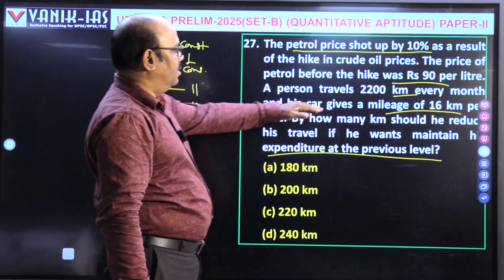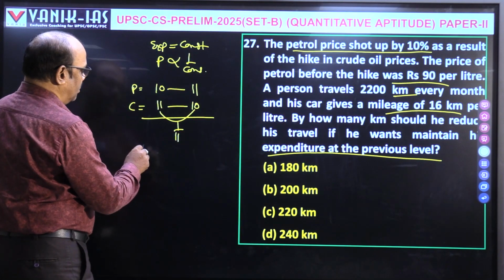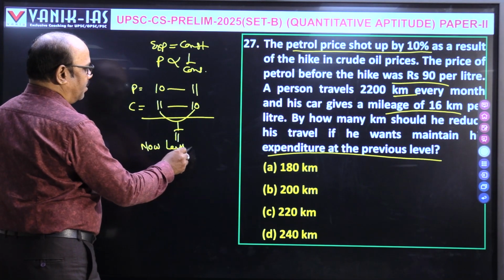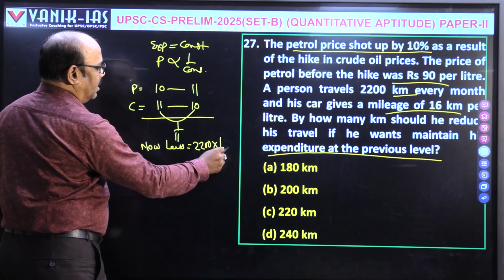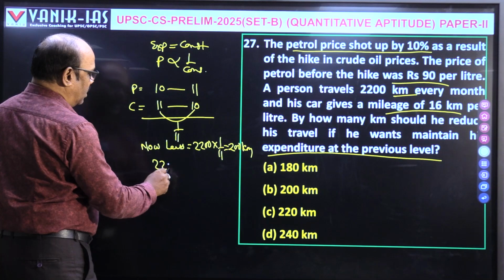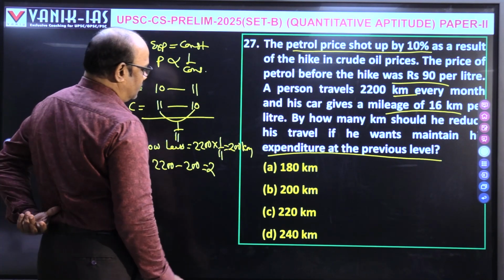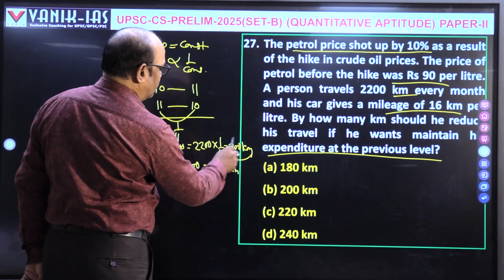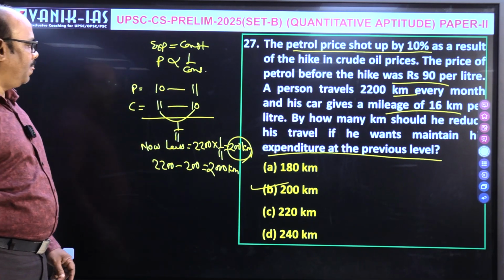Now the question is, the person travels 2200 kilometers, so how much less does he travel? 2200 into 1 by 11 is 200 kilometers. So the answer would be 2200 minus 200, which becomes 2000 kilometers. But the question is how much reduction there is. So 200 kilometer reduction, that's why the option is B.